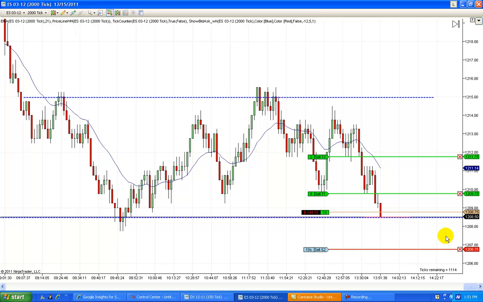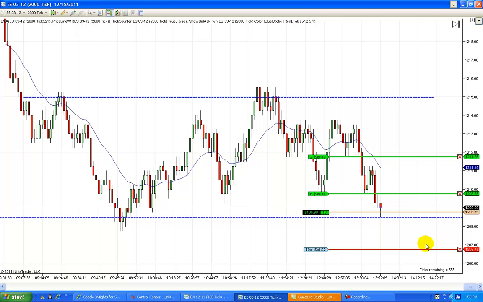What we had going for us was we had our order in the queue very early, because my order's been sitting down there for 30 or 45 minutes, so I was probably one of the first ones to get filled when prices did touch that level. And that's why I like using the strategies too, because it throws my stop and my profit targets in there very quickly, and it gets you early in the queue as well.